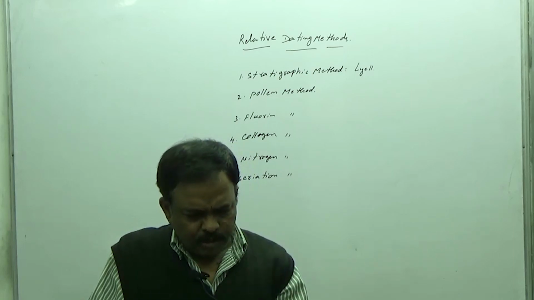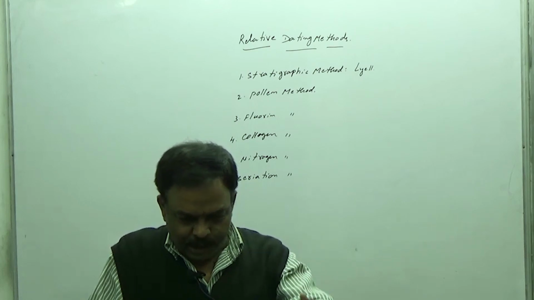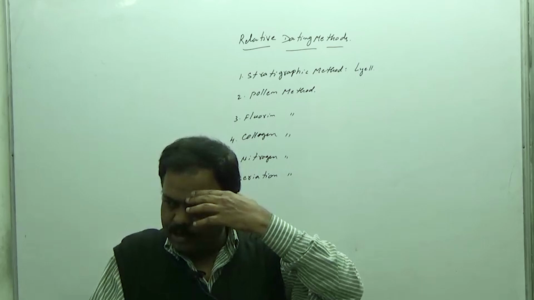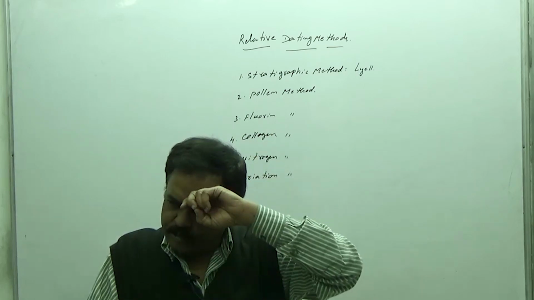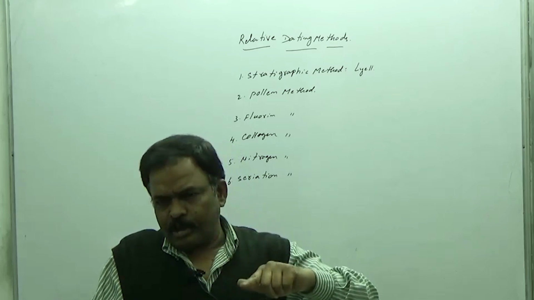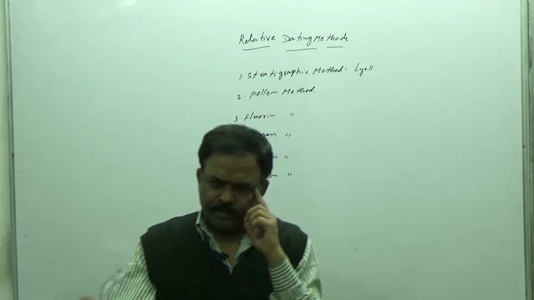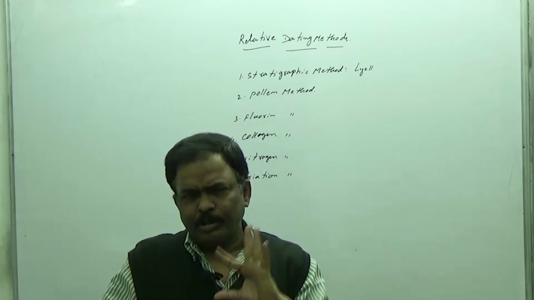They are just comparative methods based on known facts. That means scientists or technicians analyze the age of that fossil or bone or any artifact not on the basis of that artifact, but on the basis of some other material which is available in the site. That may be a rough estimation.